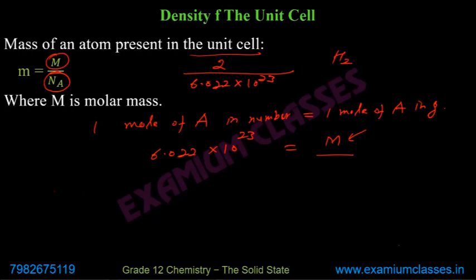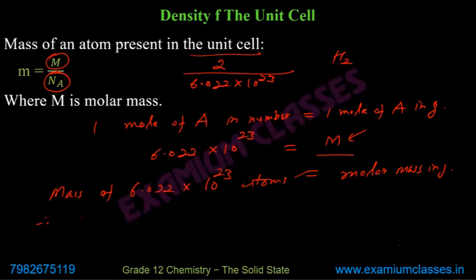Because the mass of 6.022 into 10 to the power 23 atoms will be equal to the molar mass in grams. Hence, mass of one atom will be molar mass in grams divided by 6.022 into 10 to the power 23.